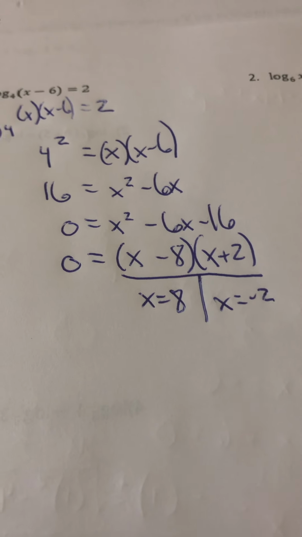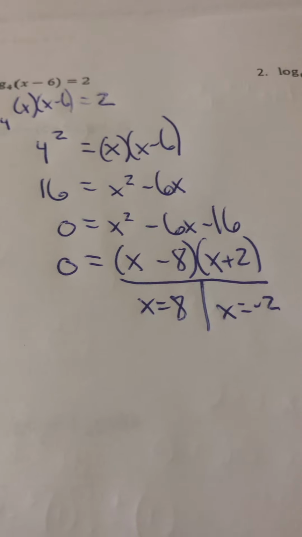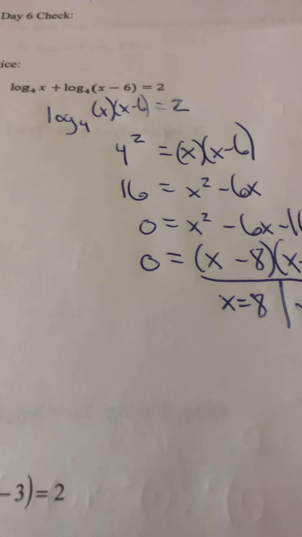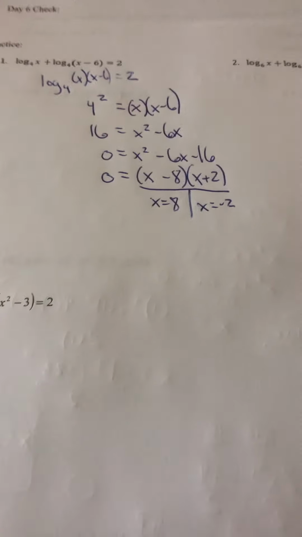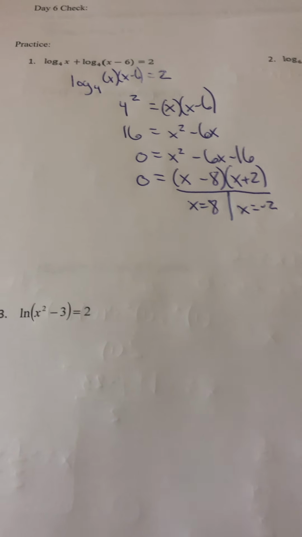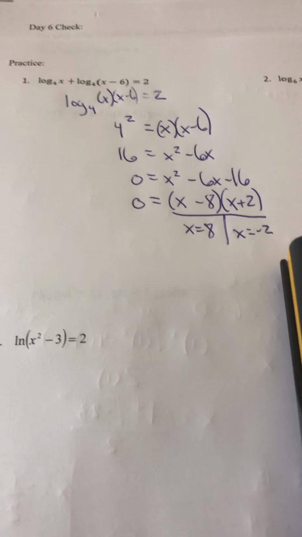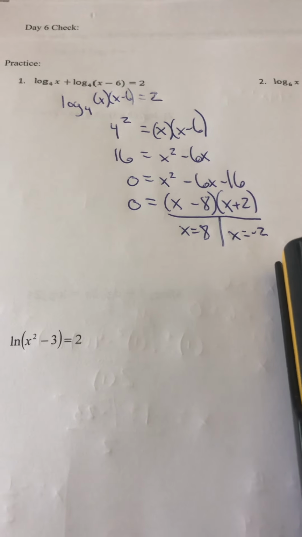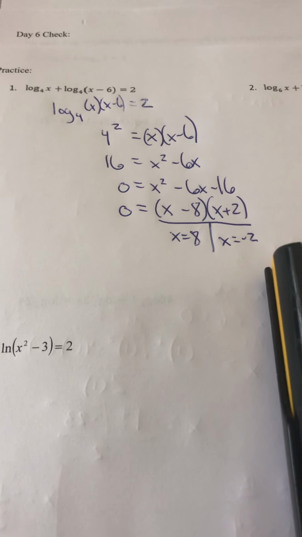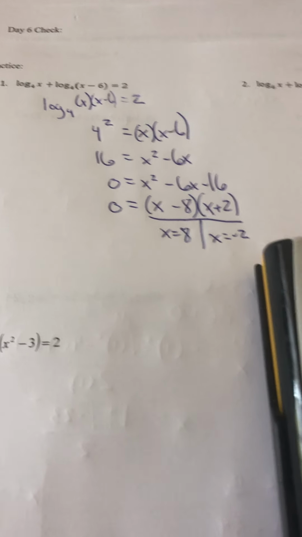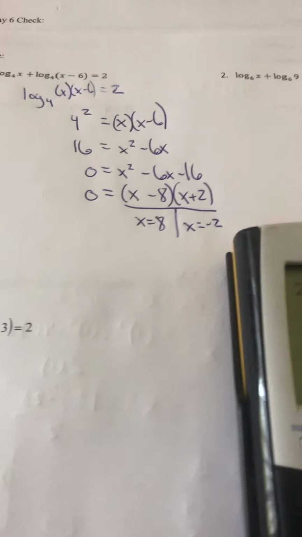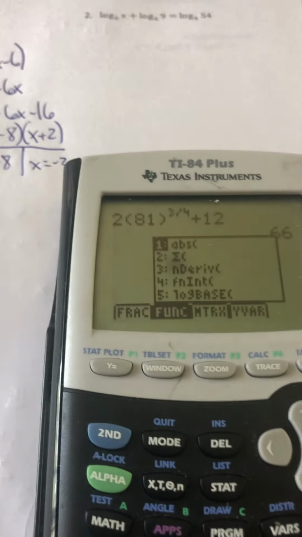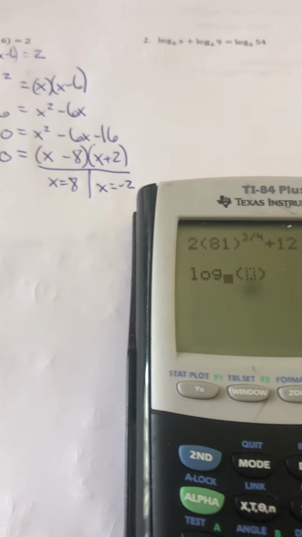The next thing that we need to do is check. So we're going to plug in each of these, 8 and negative 2, and see if it works out. So in my calculator, I'm going to plug in alpha window. So when I do that, I have choice 5. So for choice 5, I have this.